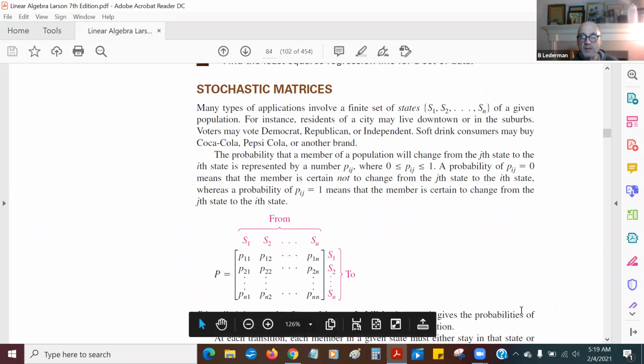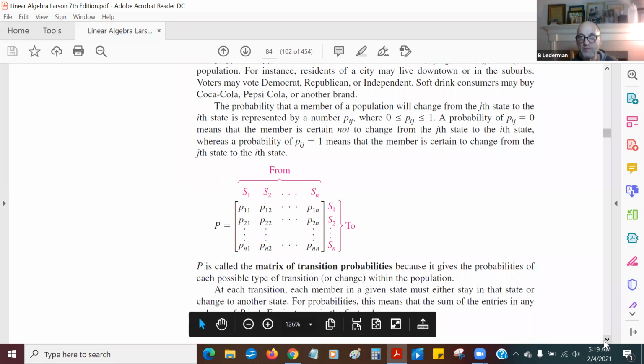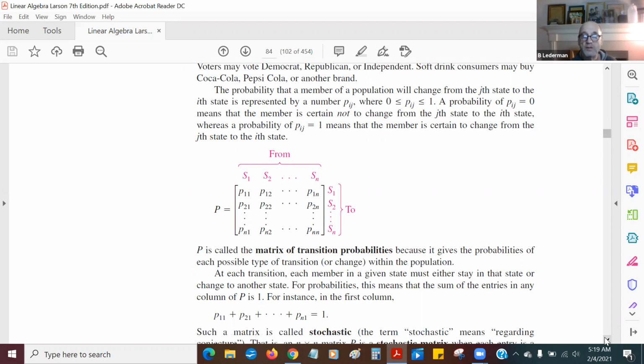This matrix in front of us is called the matrix of transition probabilities, because it gives the probability of each type of transition or change within a population. At each transition, each member in a given state is either going to stay there or change.